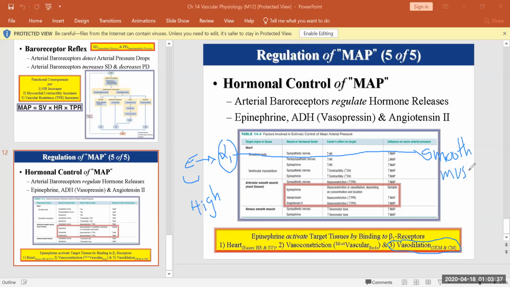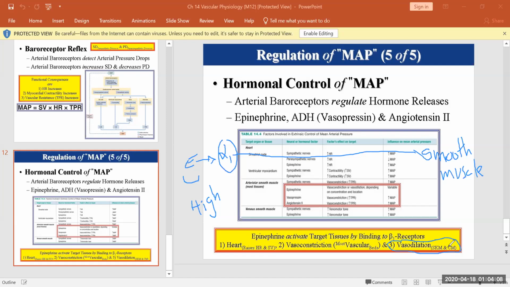I need to have something to write better than this. Sorry, guys. So these alpha 1 receptors are located at the plasma membrane of smooth muscle cells in the wall of blood vessels that are perfusing systemic tissues. Most of the systemic tissues, most of the vascular bed, except cardiac muscle and skeletal muscle.